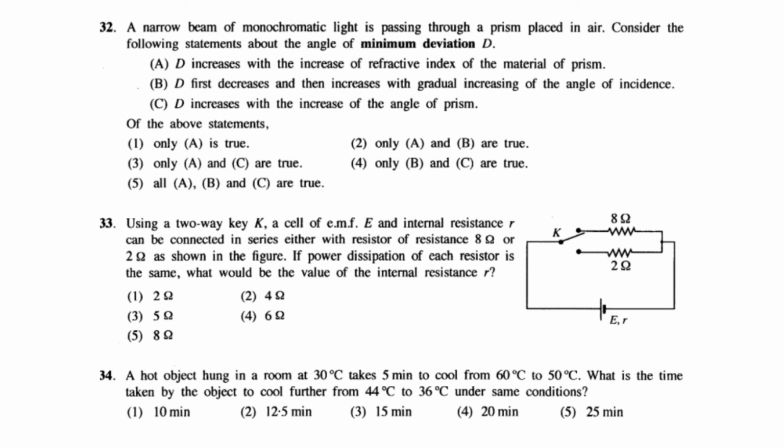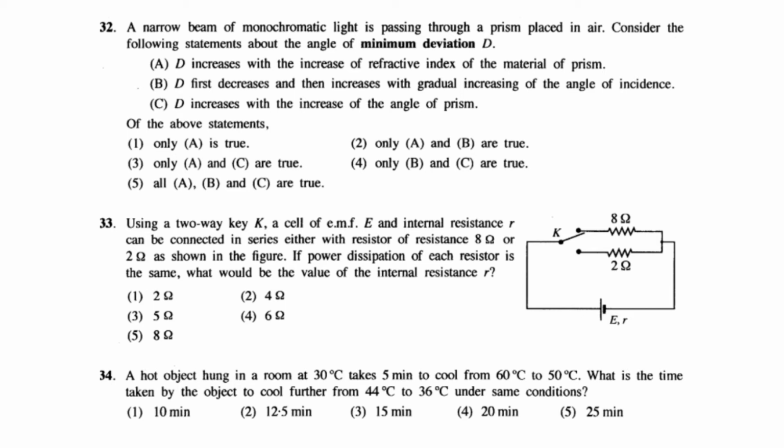For the I2 current, capital E equal I2 times 2 plus r. By combining the two equations, we can write I1 times 8 plus r equal I2 times 2 plus r. Then the ratio I1 over I2 equal 2 plus r over 8 plus r. Now consider the power dissipation. I1 squared times 8 equal I2 squared times 2.